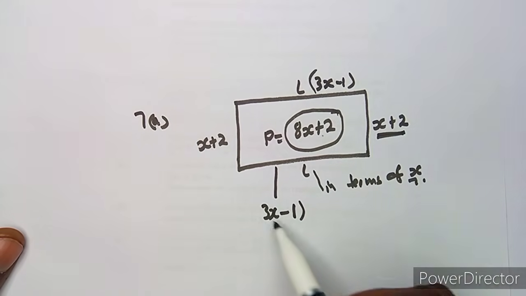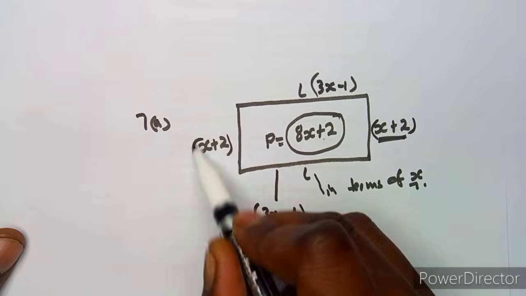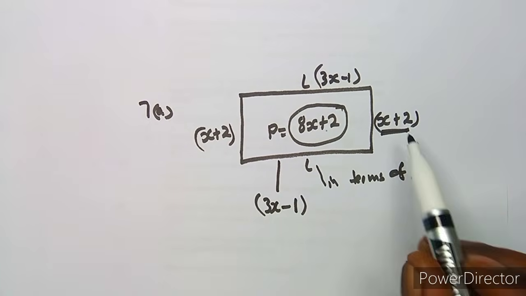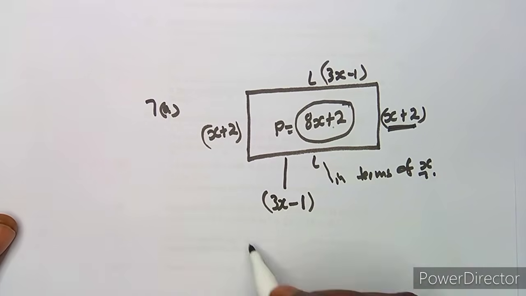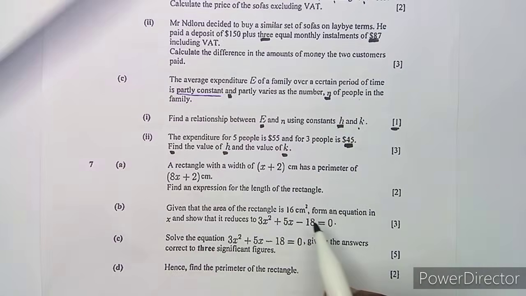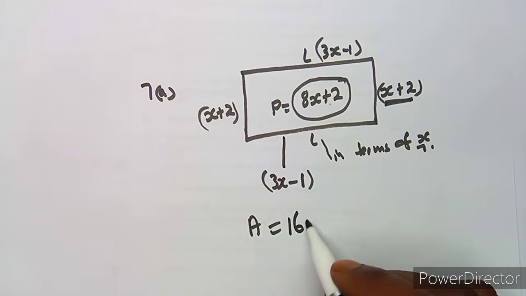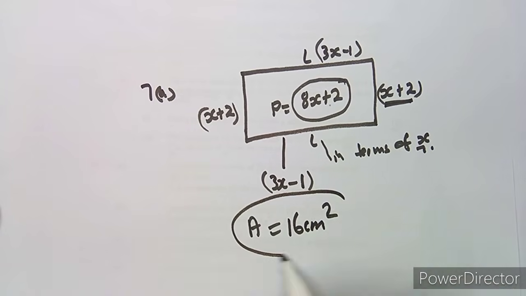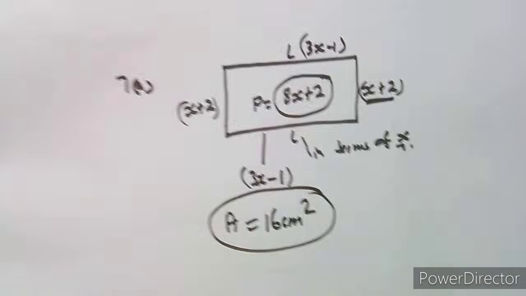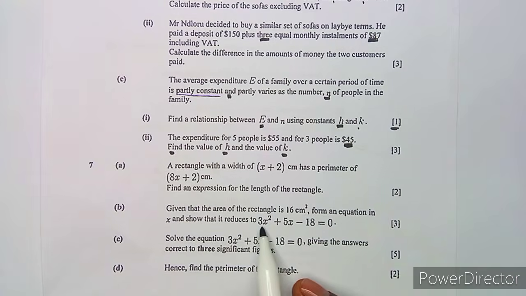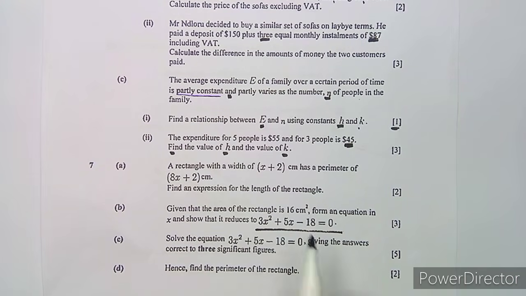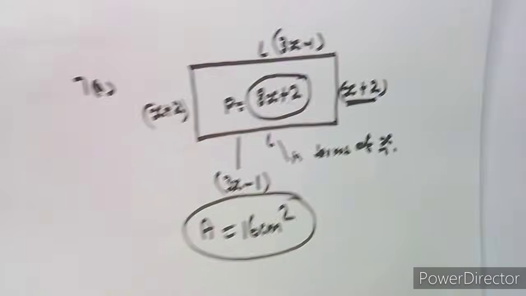Now we are given that the area of this rectangle is equivalent to 16 square centimeters, and we are supposed to formulate an equation which is going to reduce. So just work out properly, and your answer is going to be like that.